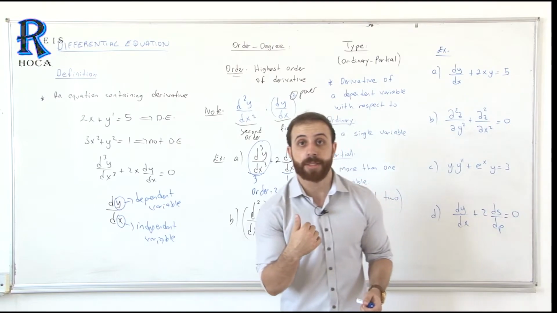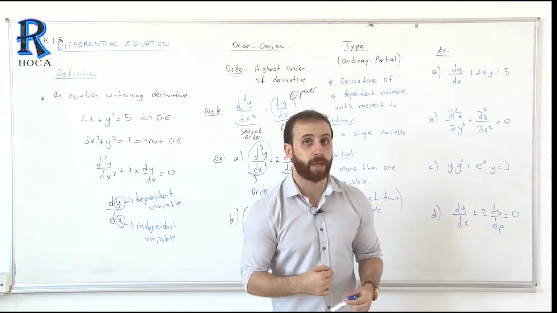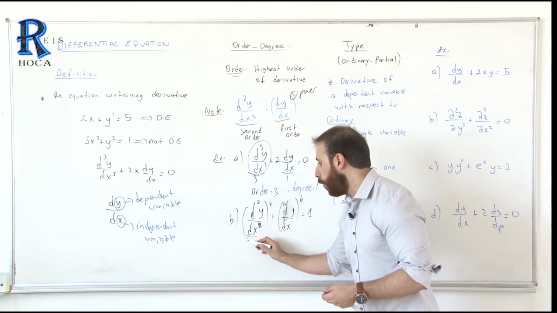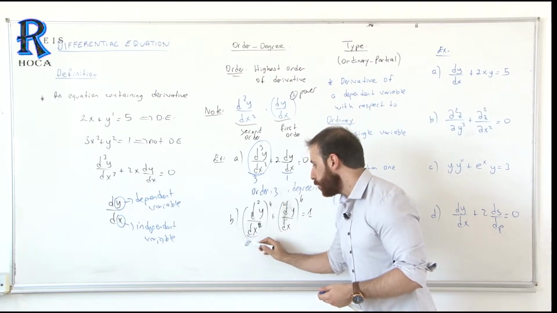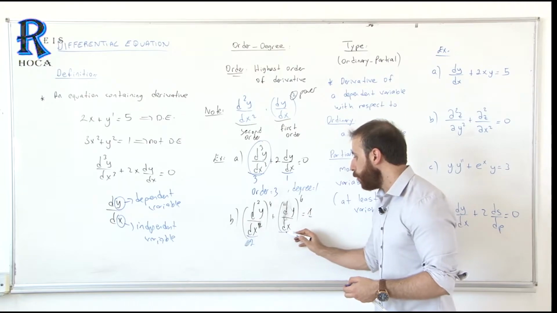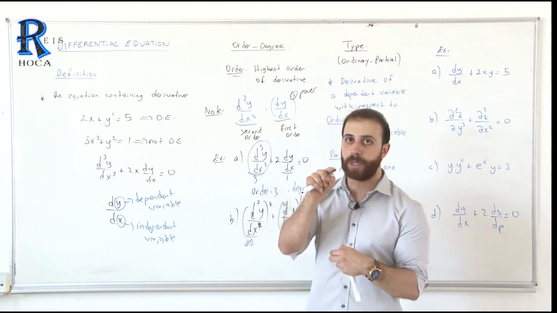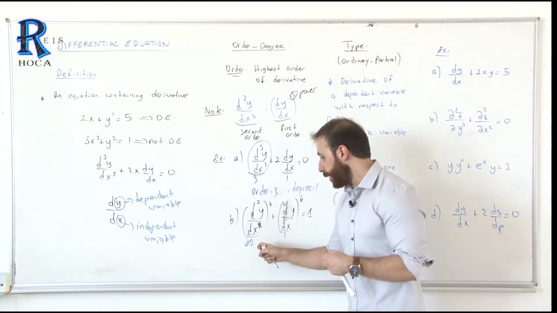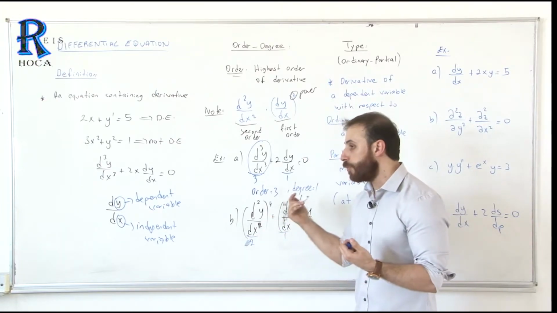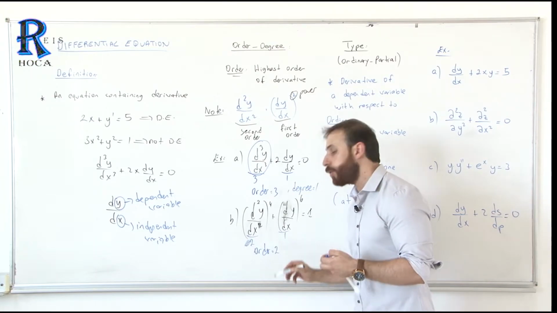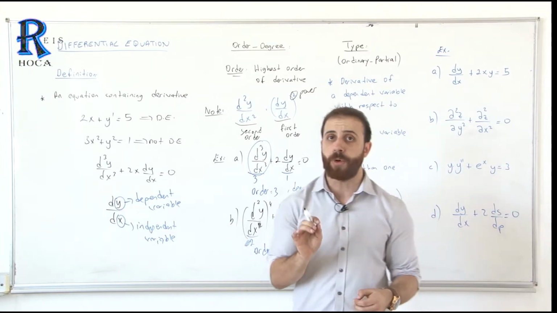First, please let me know what the order is here. Order is related to d. D squared, here the order is 2. D to the power of 1, the order is 1 here, not 6 or 4. 6 and 4 are powers, not orders. Be careful about that. So the orders are 2 and 1. What's the highest order? 2. That's why the order of this differential equation is 2. This is important.